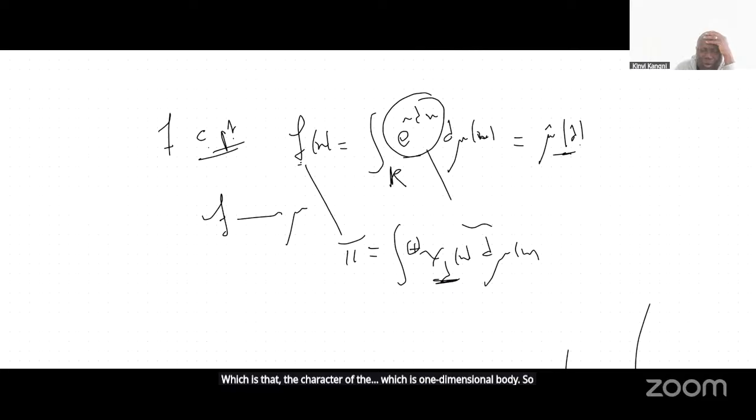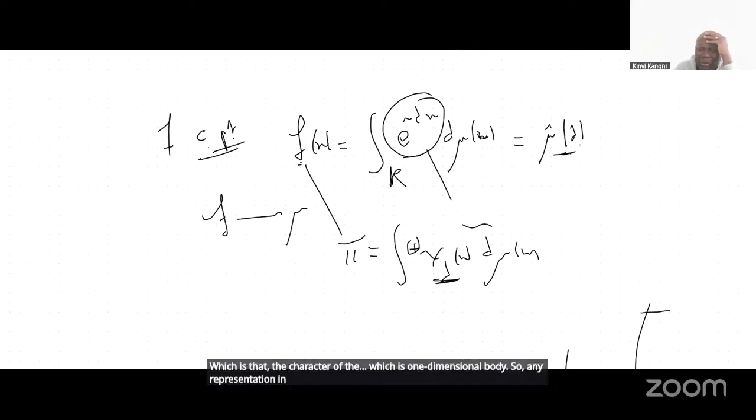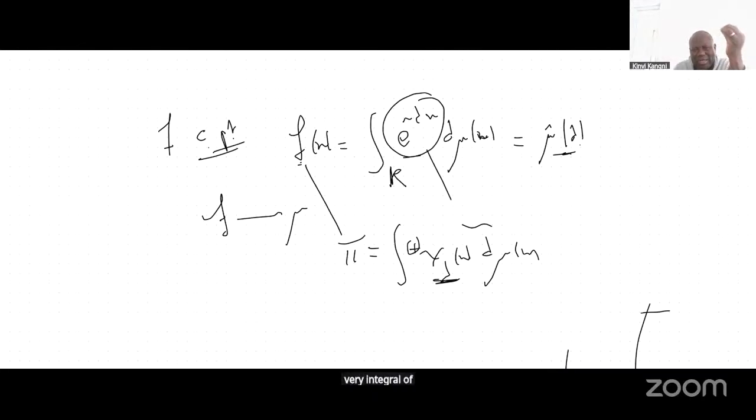So any representation of R can be decomposed as a direct integral of characters. That is the case where G is R.